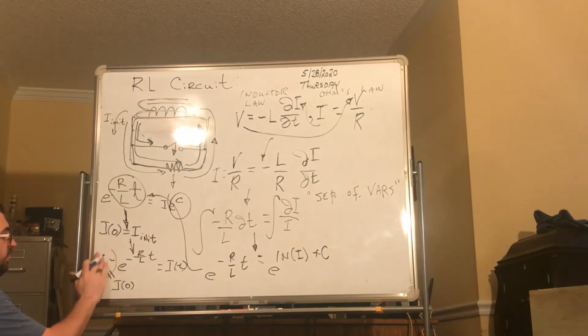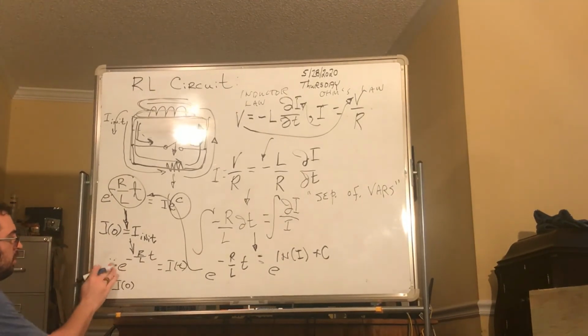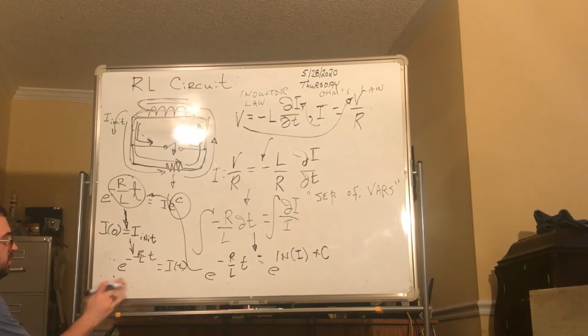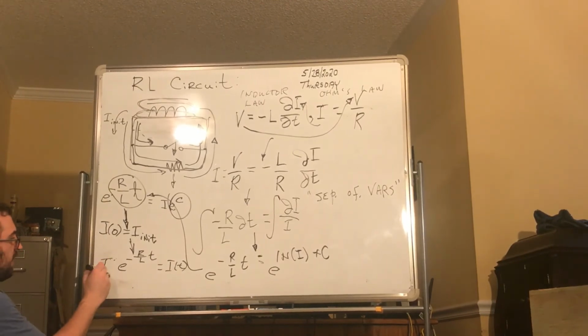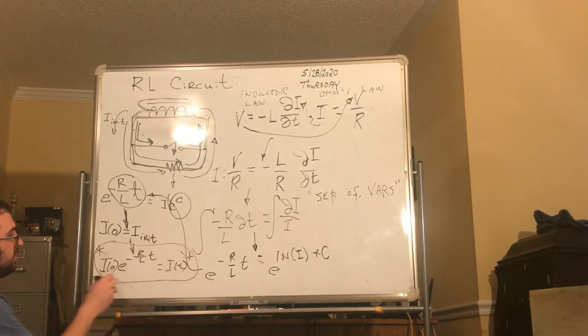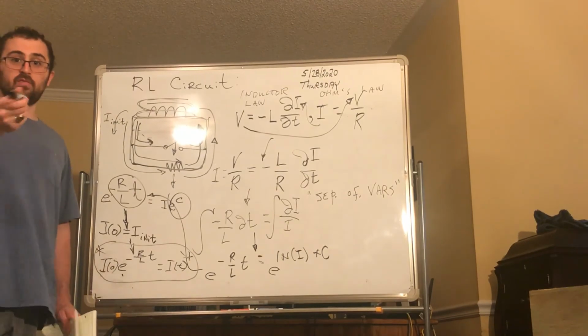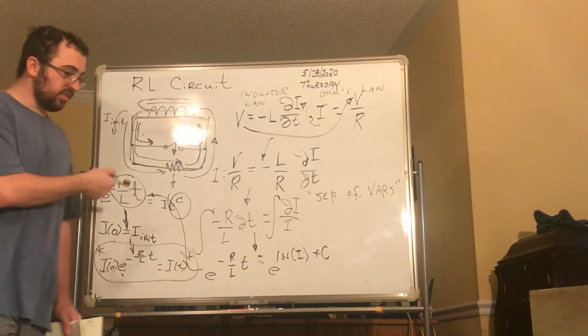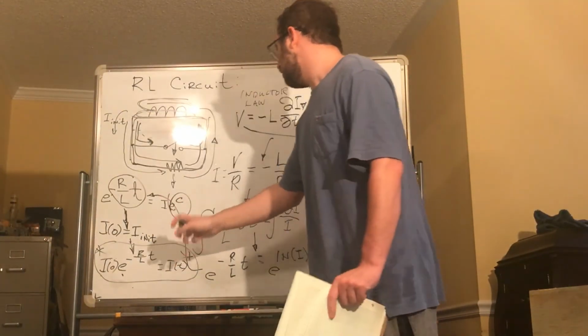And so we can effectively erase this here, and I'm sorry, I need to get an eraser, and we can put I of 0. And this is the exponential final answer for how the current decreases with time. Very fundamental problem, and it's very similar to the fundamental RC problem.